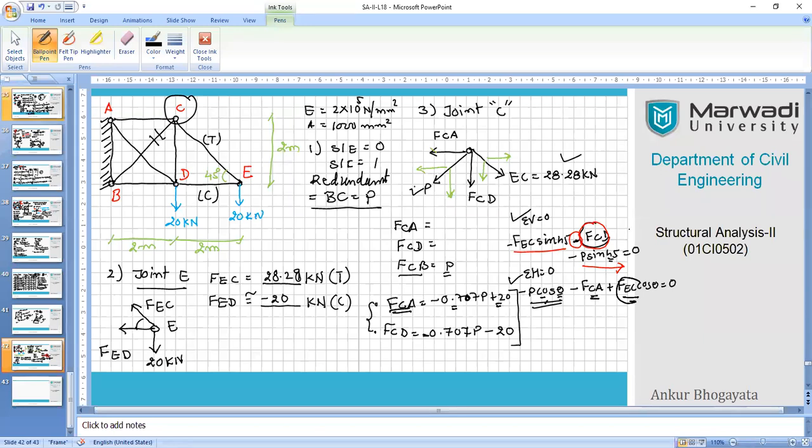Anybody else who is calculating apart from Prashant and Birendra and Darsha? Anyone else would like to confirm? I just need a confirmation of FCA from any other student in the class. Anyone can raise hand, and I just want to confirm it. Should I randomly select, or will you raise the hand? Anyone?